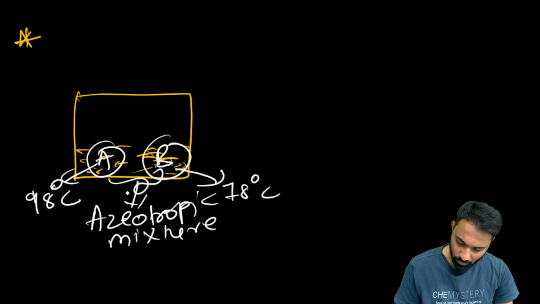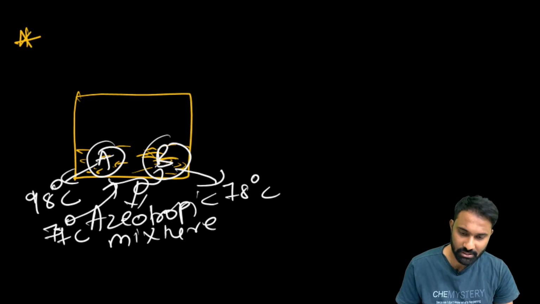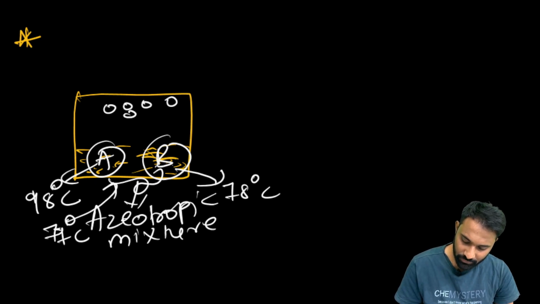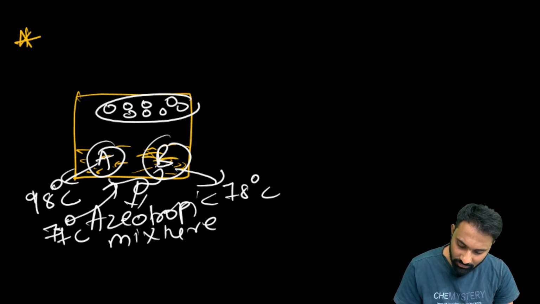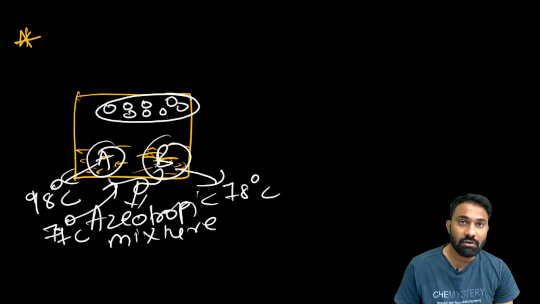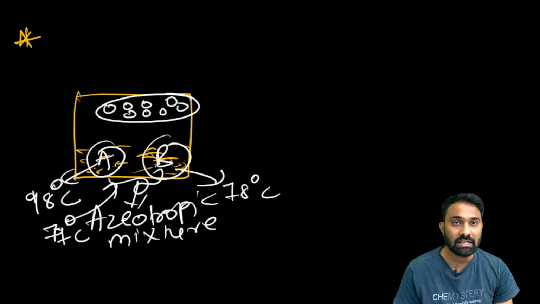Okay. Now, when the temperature has been decreased to 77, here the vapors we are getting are of both. We cannot say that is A, we cannot say that is B. Clear? That type of mixture we call an azeotropic mixture.